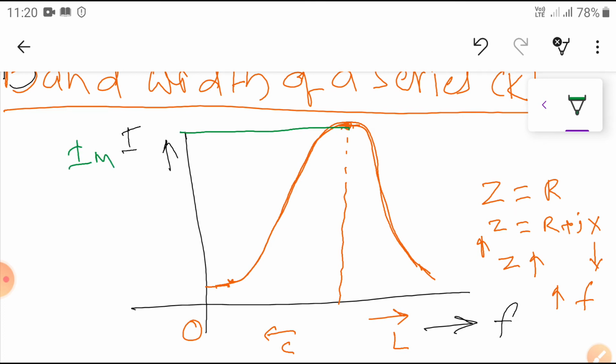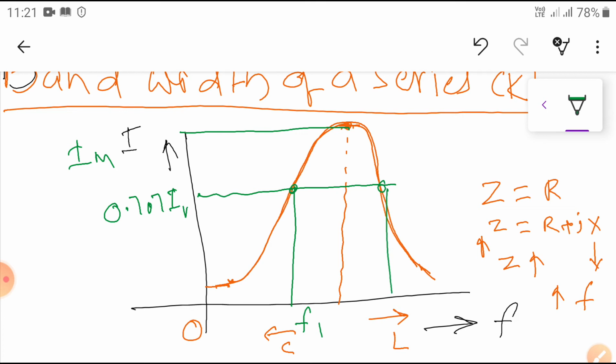Now, we are going to I max divided by root 2, that is 0.707, nearly 70%. This is equal to 0.707 times the resonant current, and it touches 2 points. So, we can say this is F1 and this is F2. Okay.